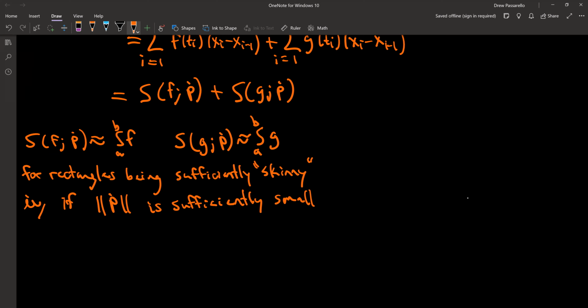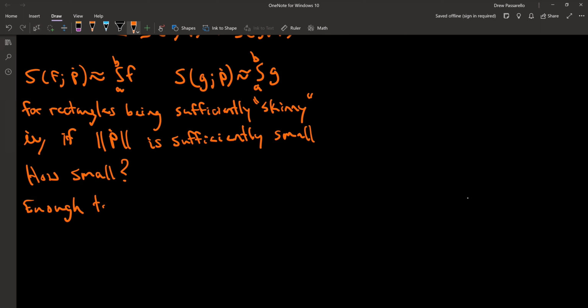We need it to be small enough to make the Riemann sum of f minus the integral from a to b of f be less than epsilon over 2.